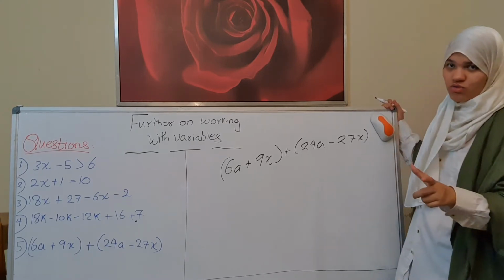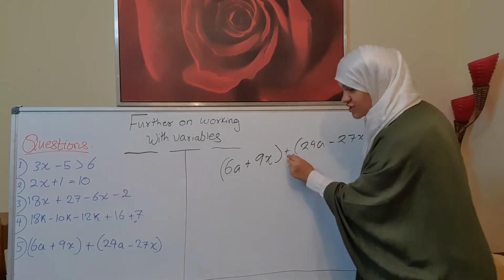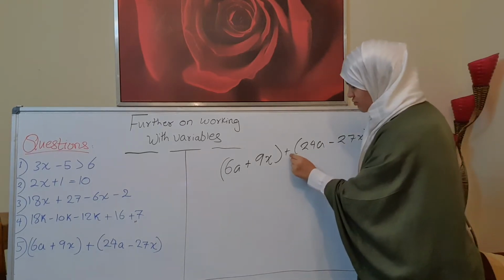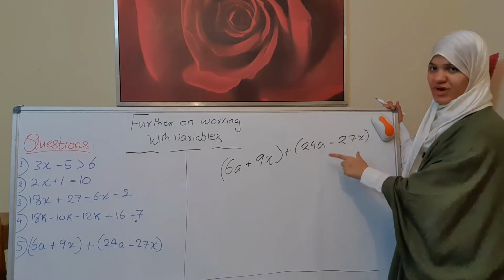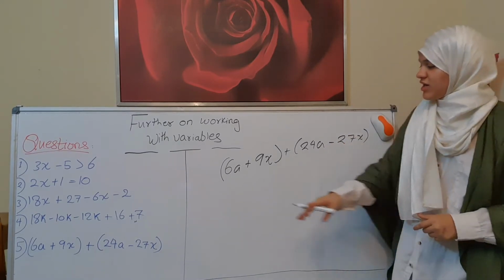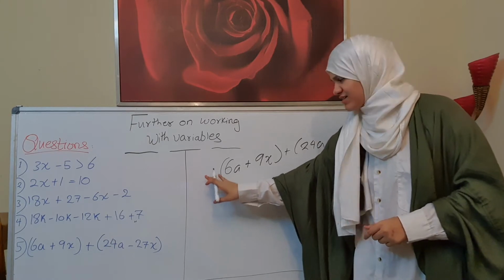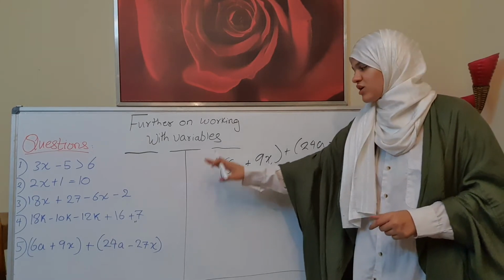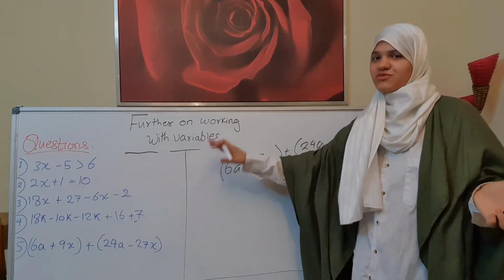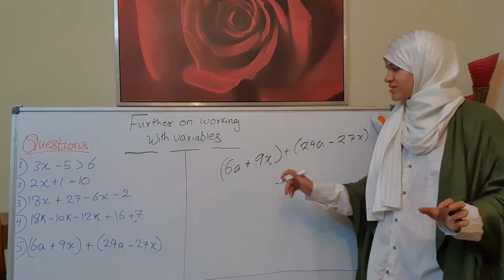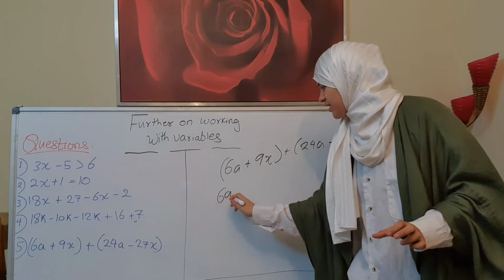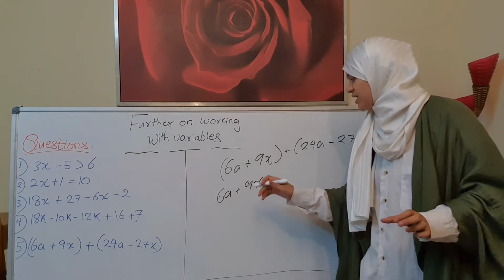So first of all, we multiply the sign which is outside the bracket by the sign which is inside the bracket. Like for example, here there is no sign outside, but I think it's a positive, but we are not writing positive bracket, so it will be 6a plus 9x as it is.